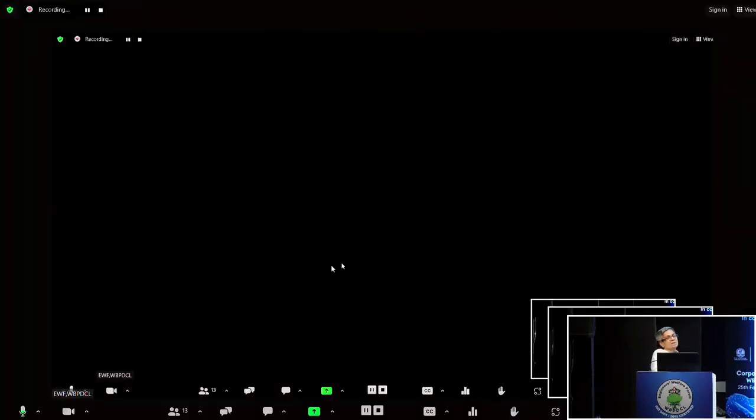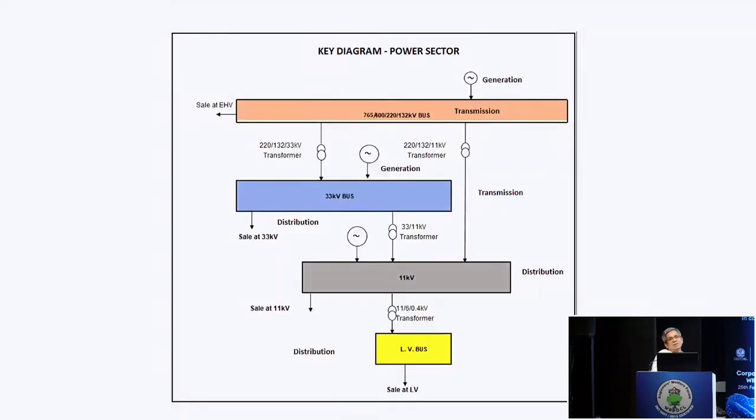On top, there are generations, mostly large generating stations, then connected with extra high voltage transmission lines. Then it goes to the distribution system.